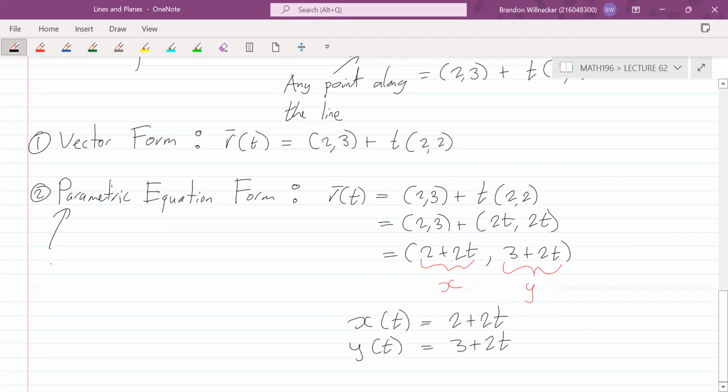For parametric equations, we get an equation for each component of the vector.